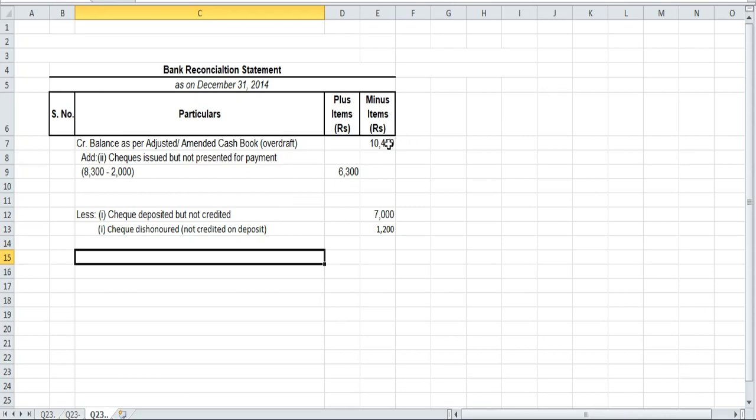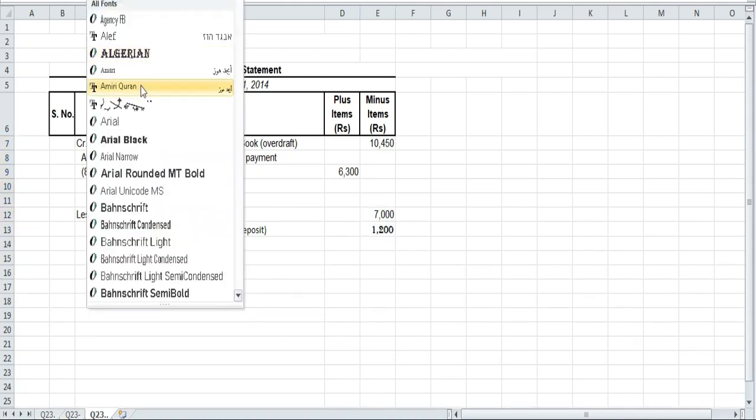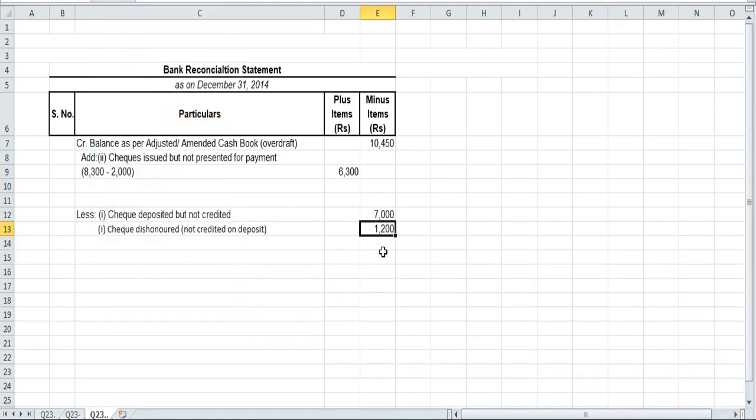So let us total this side. This side total is coming to 18,650. I'll bring it a little down.